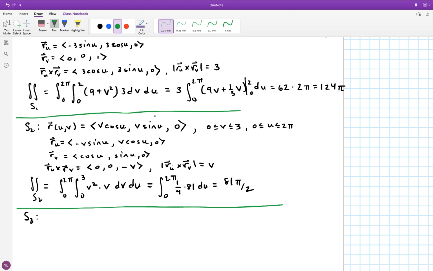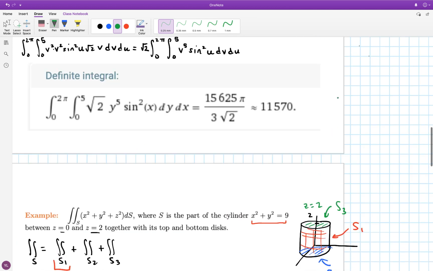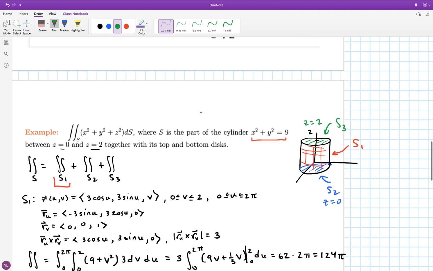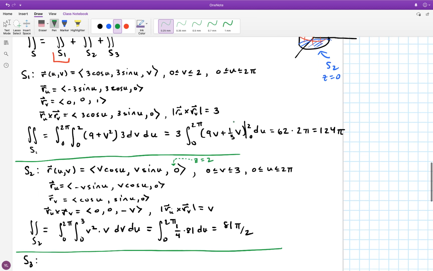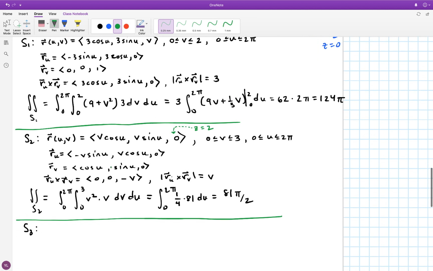The only thing that's going to change with S3 is that instead of z equals 0 right here, I'm going to replace that with z equals, was it 2? Yeah, z equals 2, the top surface. That is not going to affect the partial derivatives here because the partial derivative of 2 with respect to u or v is also 0.